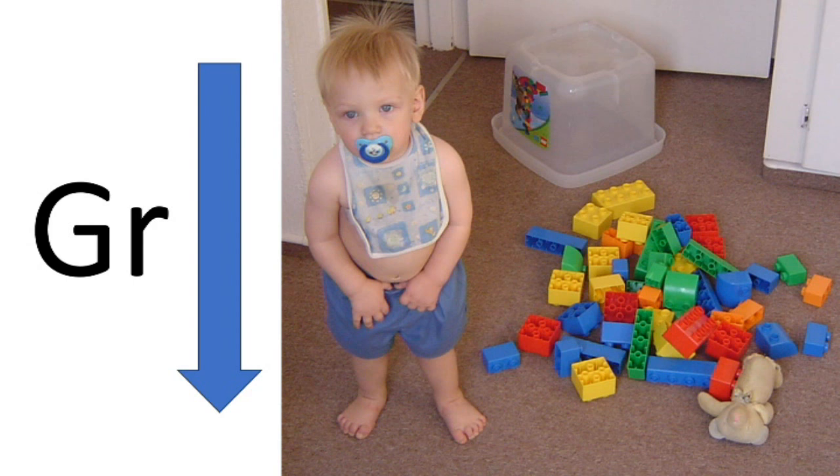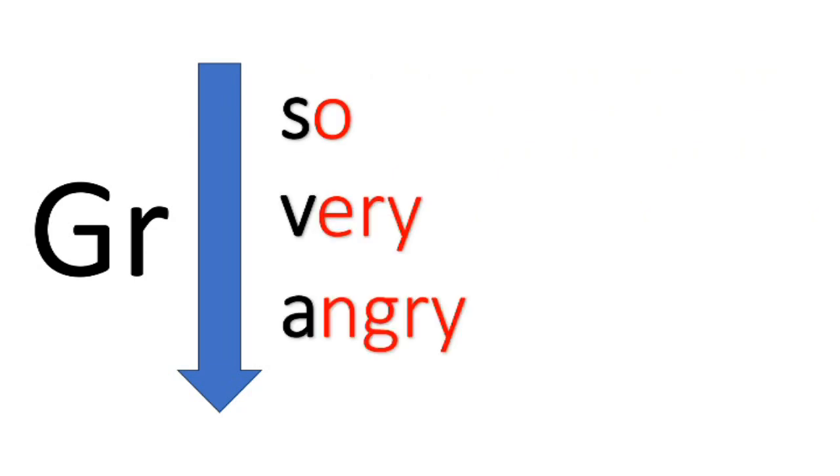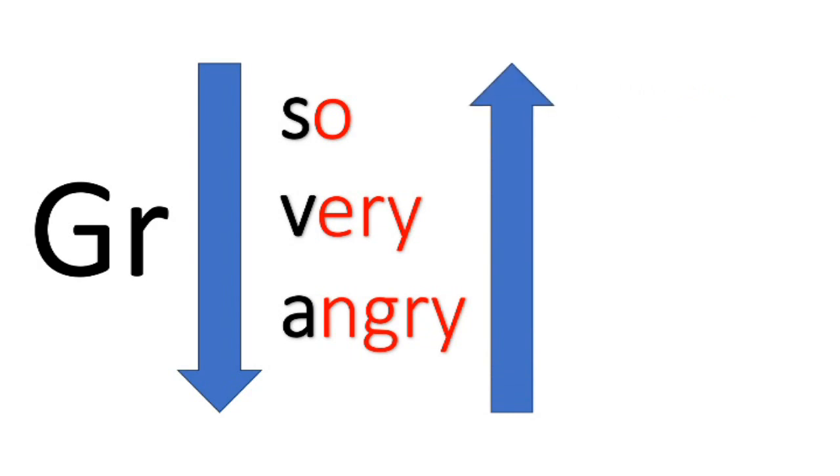Now the speech starts. Now the parent starts telling off the child. And you'll say something along the lines of, I am so very angry. But I'm growling, remember? I'm so very angry. And I'm upset. Now I want you to remember the word upset has the word up in it. And that's going to help you remember the up arrow.